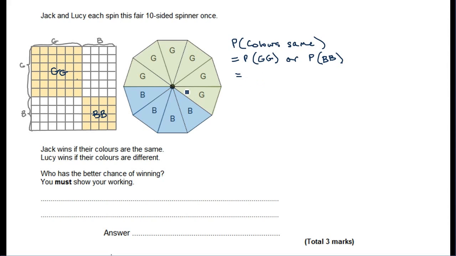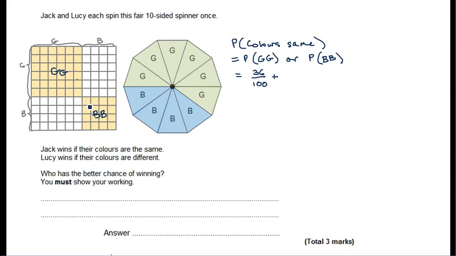And we can say then that if we know that the number of possible outcomes is 100, because we've got a 10 by 10 grid, the probability of GG is going to be out of 100. So we write denominator out of 100. And the numerator is going to be the number of possibilities of it coming up GG. Well, we've got a 6 by 6 grid here, so 6 times 6 is 36 out of 100, or 36%. The OR becomes plus. Okay?